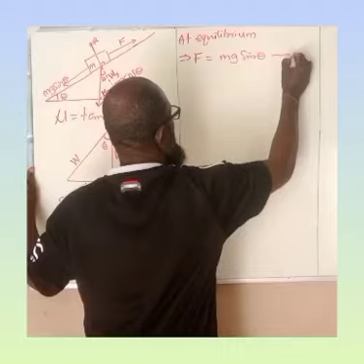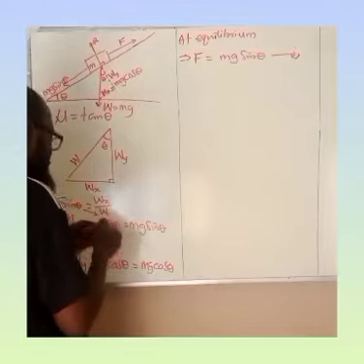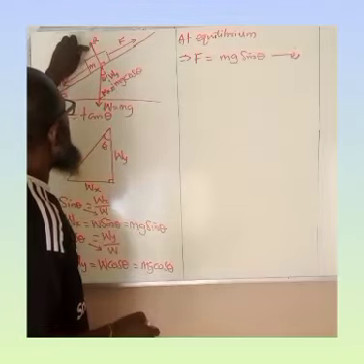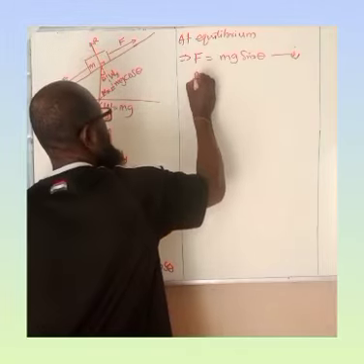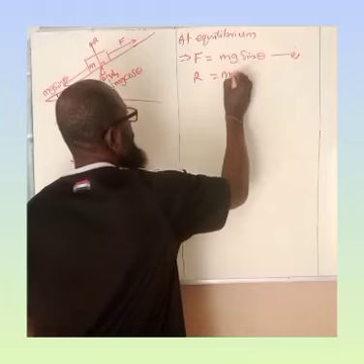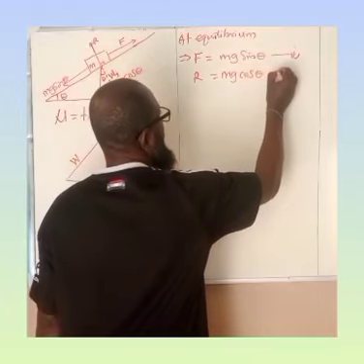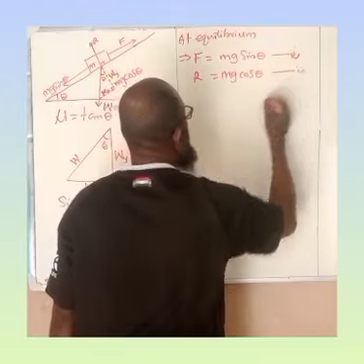Let's call this one equation 1. And at equilibrium again, this normal reaction R is equal to mg cos theta. Then we have R is equal to mg cos theta. Now let's call this one equation 2.